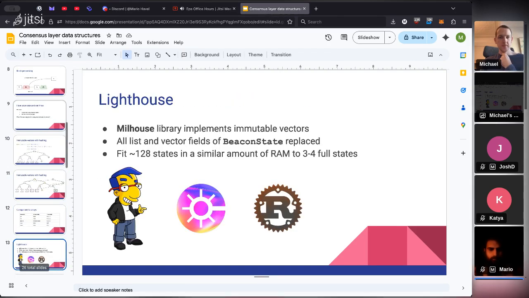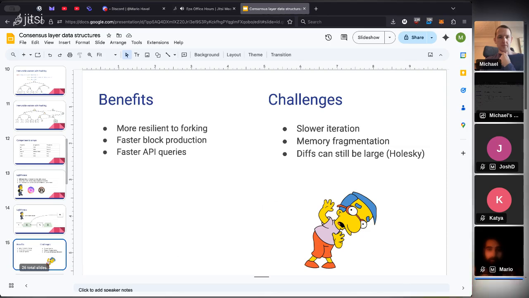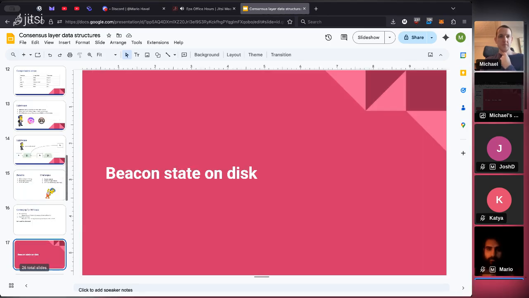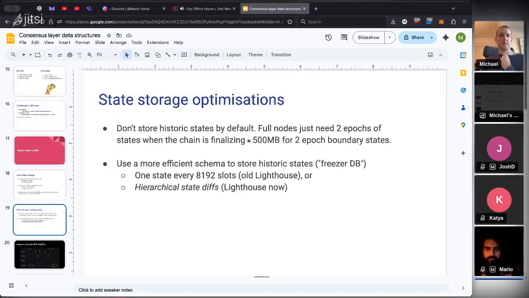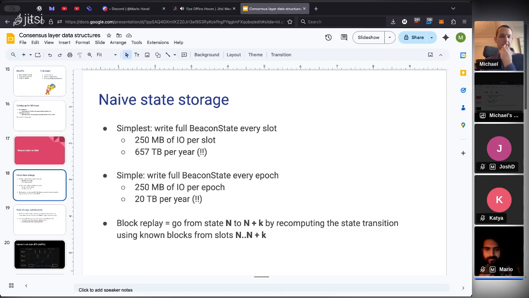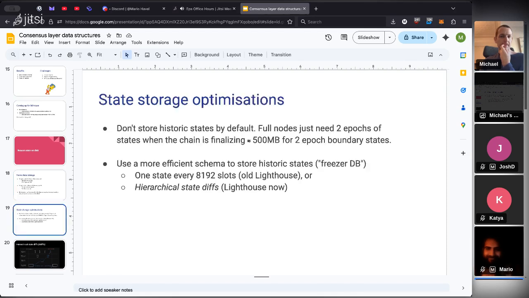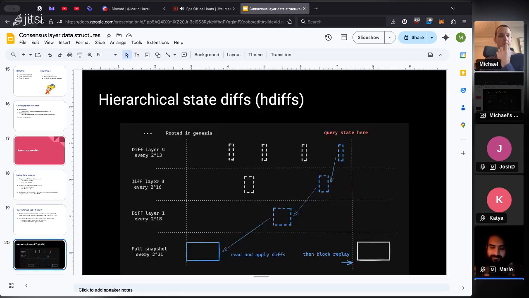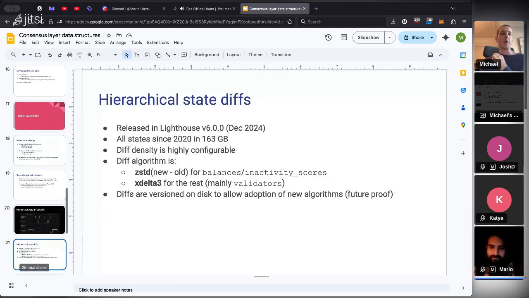Next. It's about the state. Yes, up. Again, I think. This one? No. This one. Next. Next. Am I sure about where? Oh, you mean the one about storing states during non-finality? Exactly. Yeah.